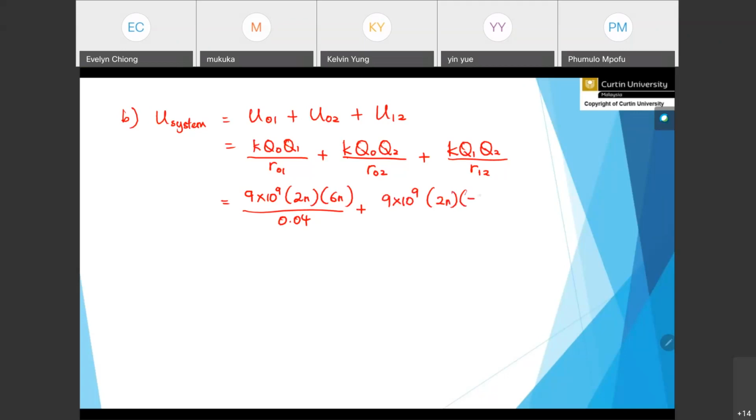Don't forget the negative: Q2 is a negative charge, nano. This one is 0.05. Then you add another one. This is 6 nano. That one is negative 8 nano. And the distance between them is 0.03 meter. So you calculate this, and you are going to get negative 14.58 times 10 to the power of negative 5 joule. So this is for a system.